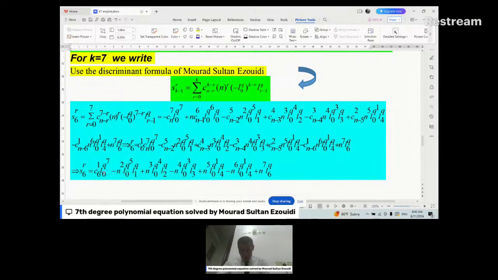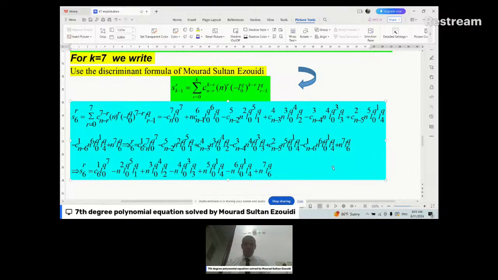For this one it will be negative, choose 7, minus 7 choose 7 is minus 1. Then n minus 1, 7 minus 1 is 6. It will be minus 1 plus 7. That's why here it's written as 6 choose 1. Correct. We continue now.